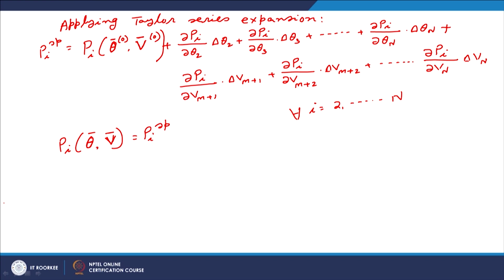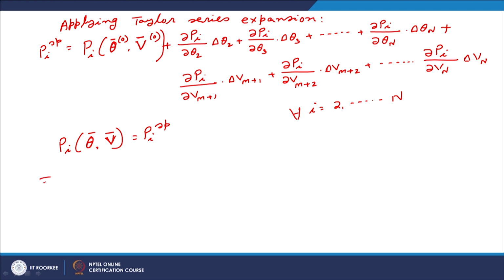If I wish to solve for it, obviously I do not know theta and I do not know v, but I want to solve for them. So, I will assume some value of theta naught and some value of v naught, and then calculate their correction vectors delta theta and delta v, so that the result is equal to Pi specified.